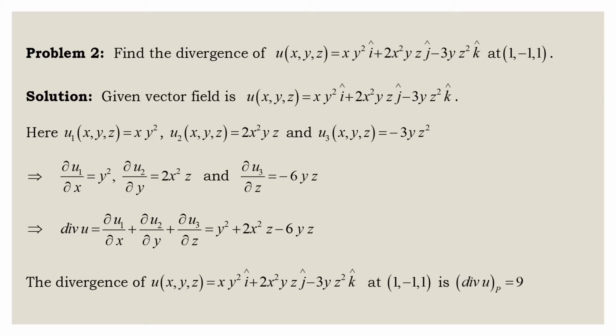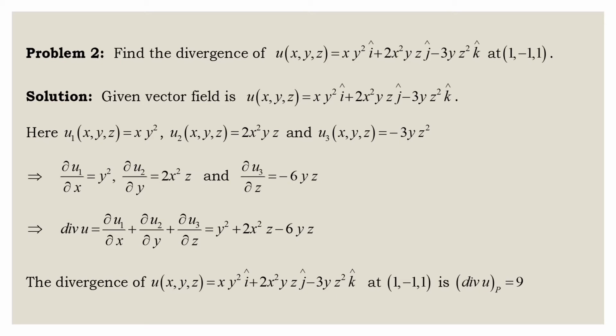We have to find out the partial derivatives ∂u1/∂x, ∂u2/∂y, and ∂u3/∂z to find out the divergence of u. The divergence of u is given by div u equals del dot u equals ∂u1/∂x plus ∂u2/∂y plus ∂u3/∂z.